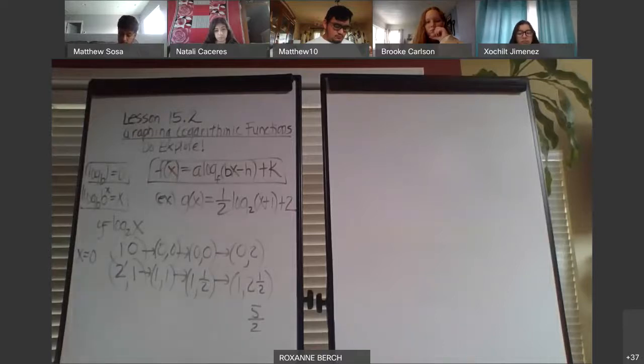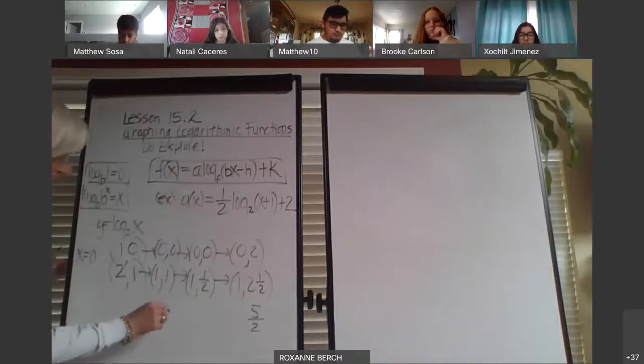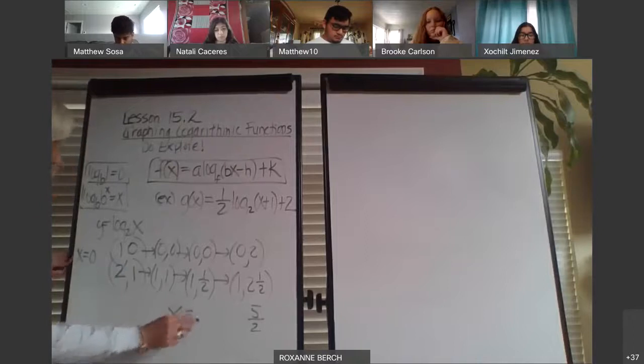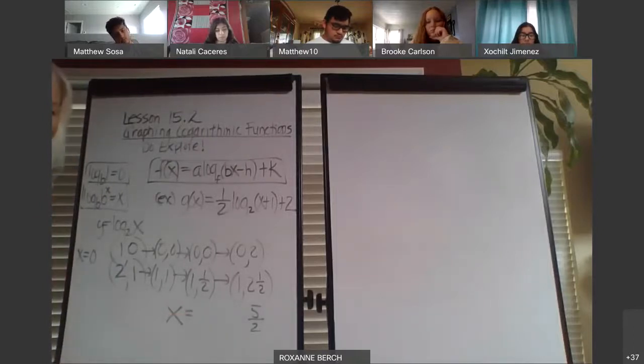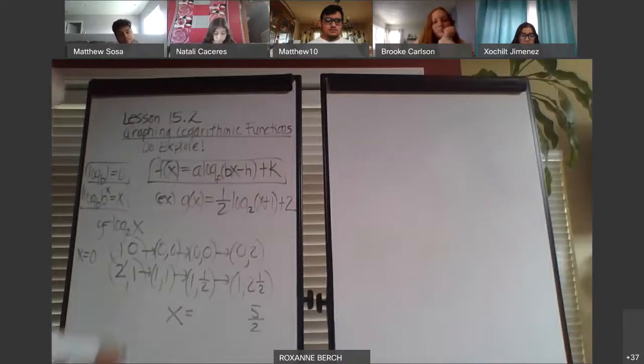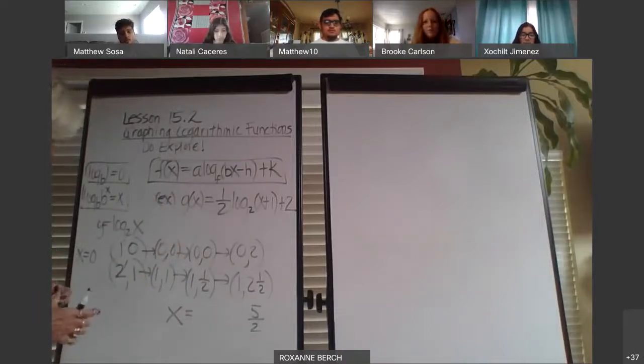All right, and then our vertical asymptote, is it affected by h or k? h. Okay, so go ahead, unmute yourself and tell me, what's the vertical asymptote? x equals -1.